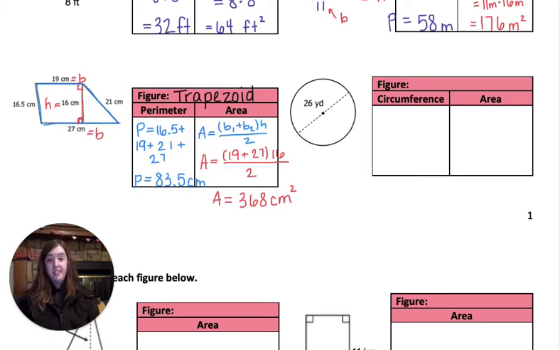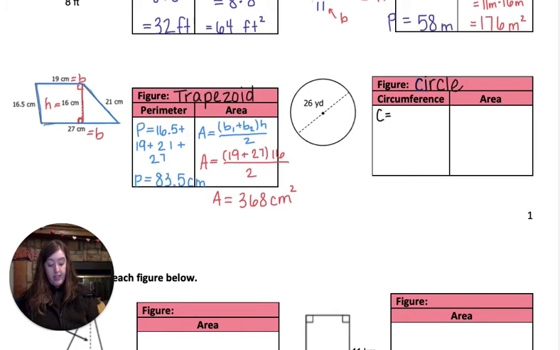Good deal. Now we're looking at this next guy, and he is a circle. That's easier to read. All right, so for circumference, we have 2 different options.